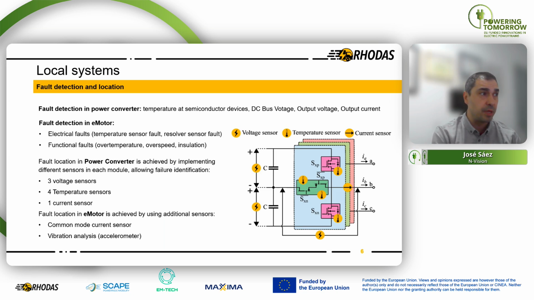In relation to the e-motor, the sensors are placed externally, and besides that basic temperature sensor, we also include a common mode current sensor, which is used to detect potential degradation of the motor insulation, especially on the windings, and also an accelerometer to conduct vibration analysis, which together with AI models will be able to provide an estimation of potential future failures that might happen.